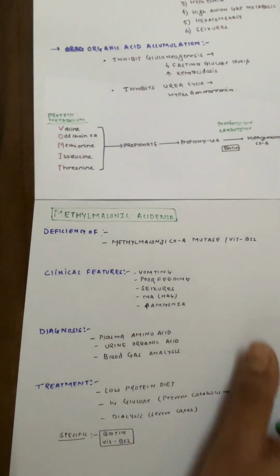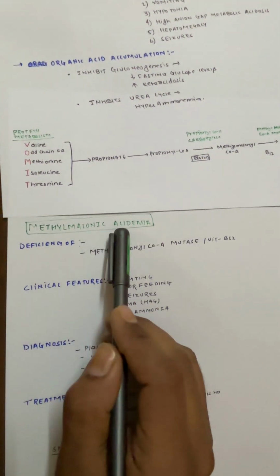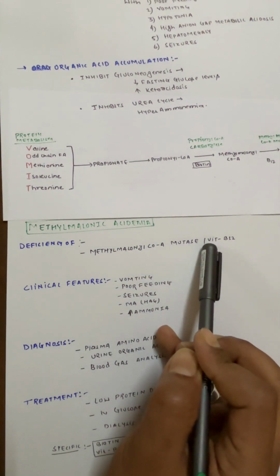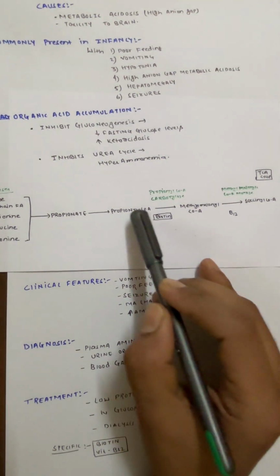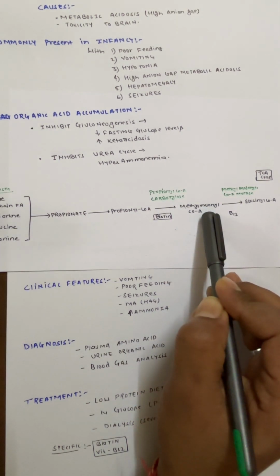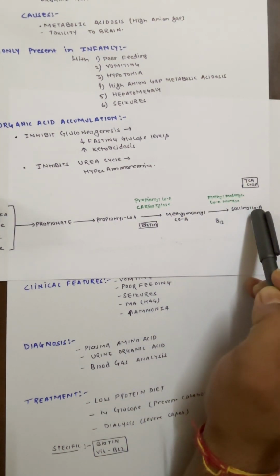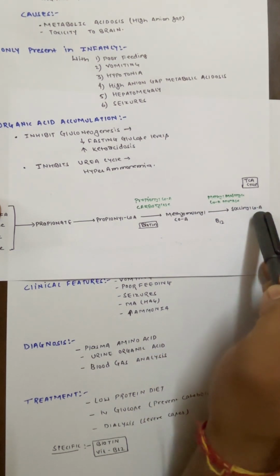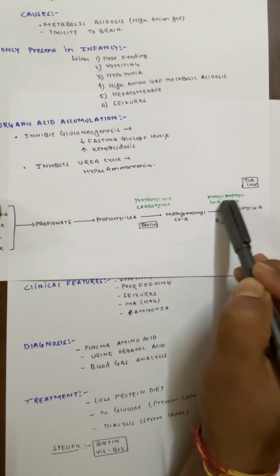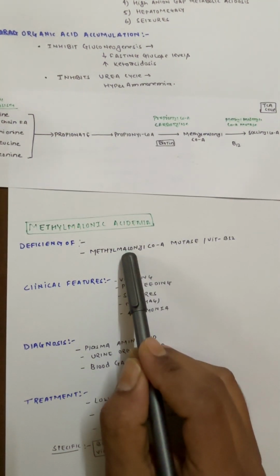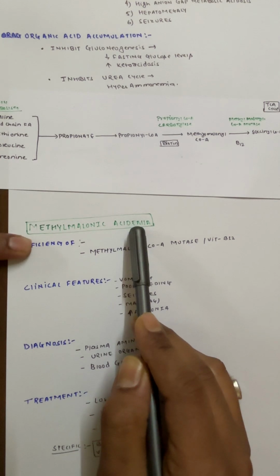Now while talking about methylmalonic acidemia, there will be deficiency of methylmalonyl coenzyme A mutase or vitamin B12. Propionyl coenzyme A is converted to methylmalonyl coenzyme A, and that is converted to succinyl coenzyme A. To convert methylmalonyl coenzyme A to succinyl coenzyme A, we use the enzyme methylmalonyl coenzyme A mutase, and this is deficient in methylmalonic acidemia.